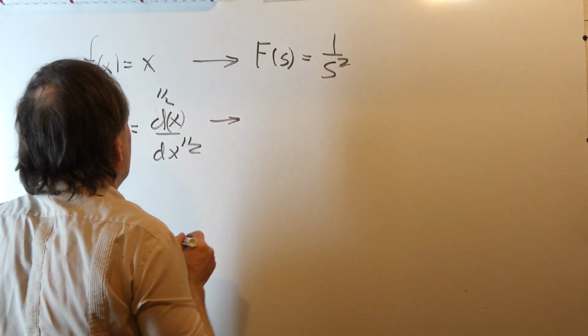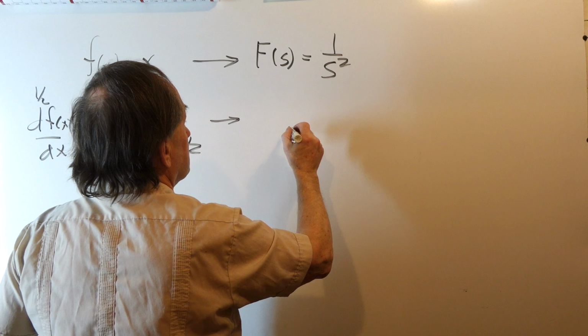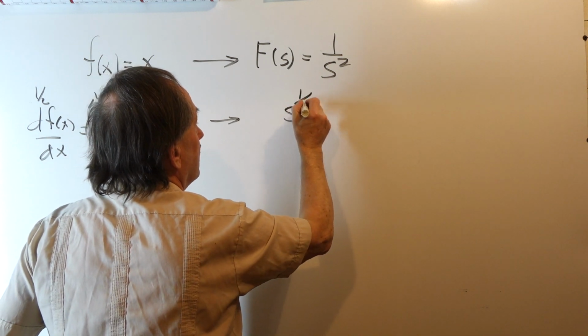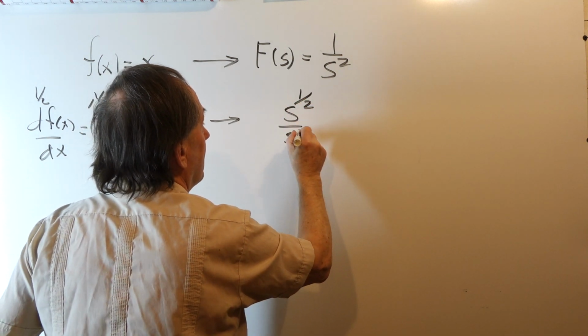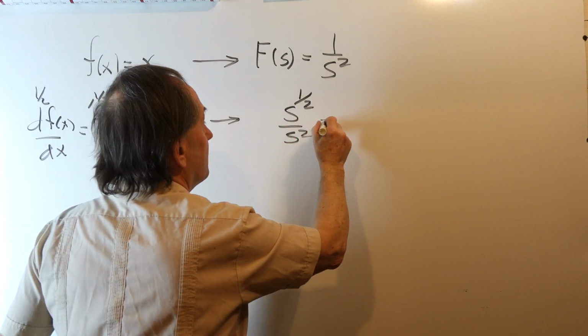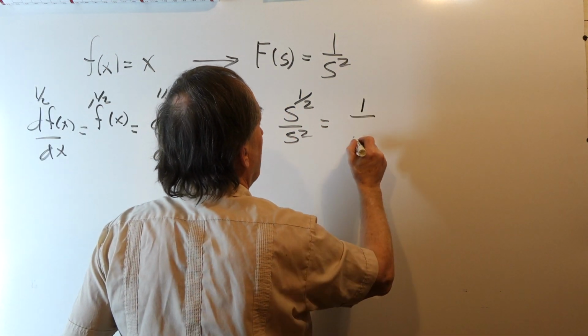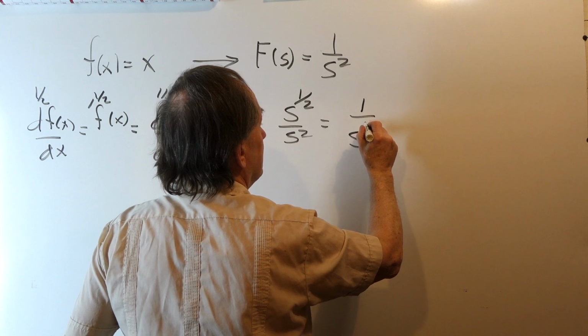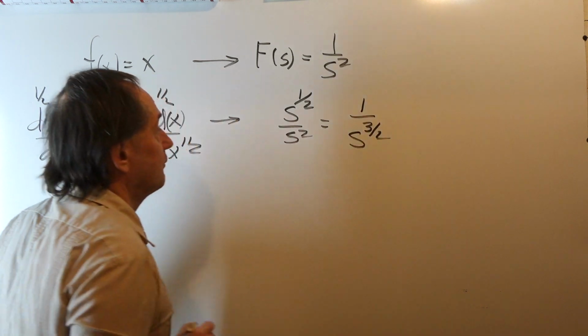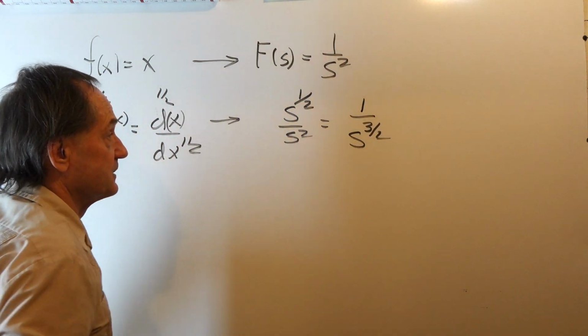In the Laplace space, it makes sense that we just multiply by s to the 1/2 of the transformed function. So this now becomes 1 over s to the 3/2. We just subtract the exponents.